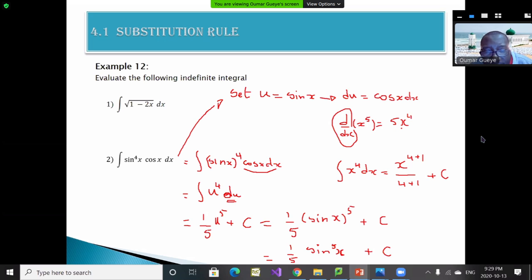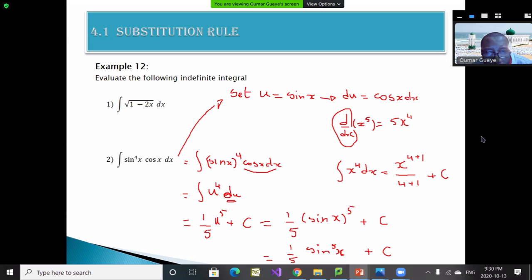It's a notation, and its meaning is integrate with respect to du, because u is a new variable of integration. That's what we use to simplify our integral, because this integral at the beginning looks complicated. We simplify it, and when we get the solution, we substitute u by its value, which is sine of x.